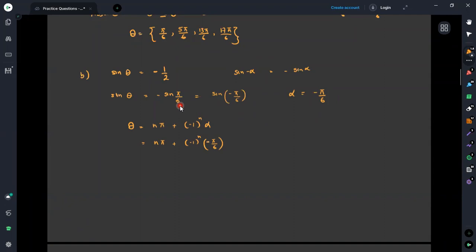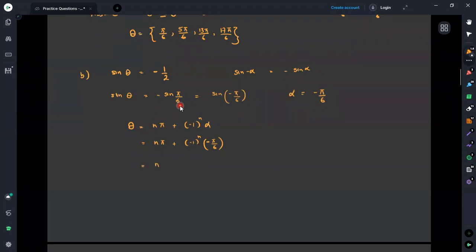Since we have a minus sign, we can just multiply the bracket with this plus and minus. Here we cannot make any change for minus 1 to the power n, but this plus with minus 5 over 6 can be multiplied.